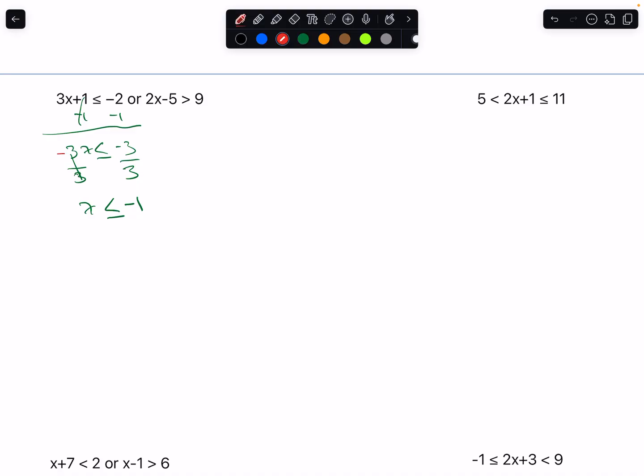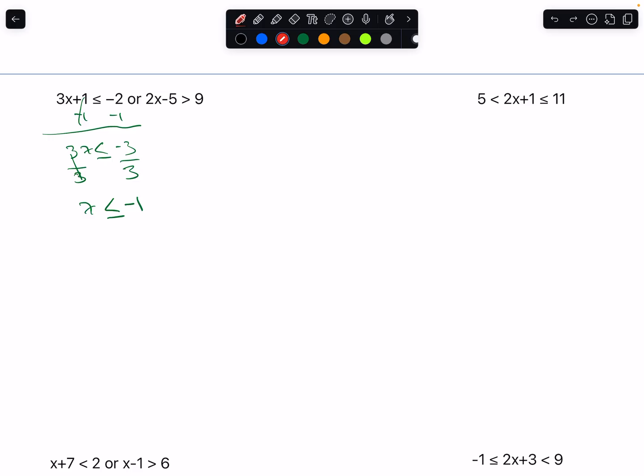If the 3 here was negative, then the sign would be flipped. The sign stays the same simply because there is no negative on that 3 that we did for the division. So x here is less than or equal to -1.